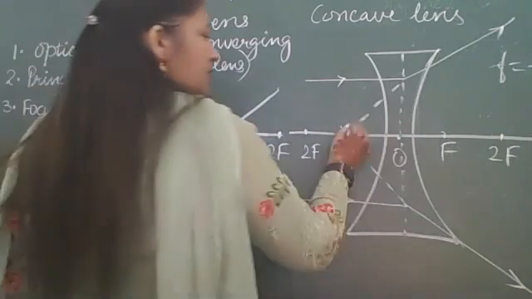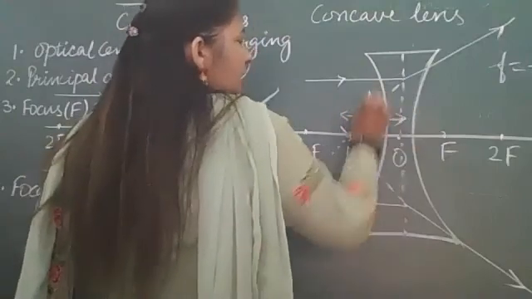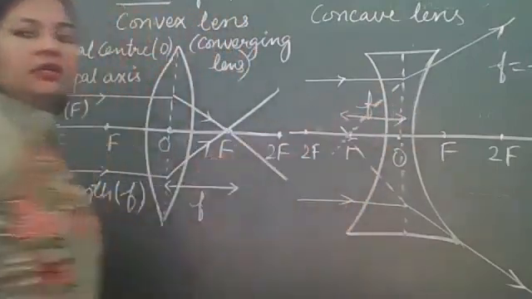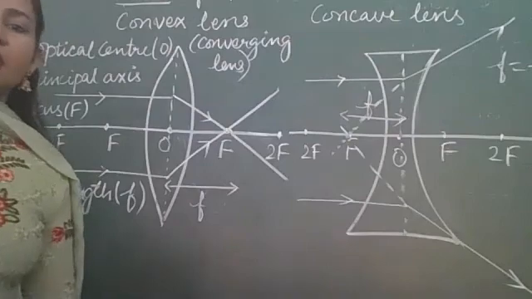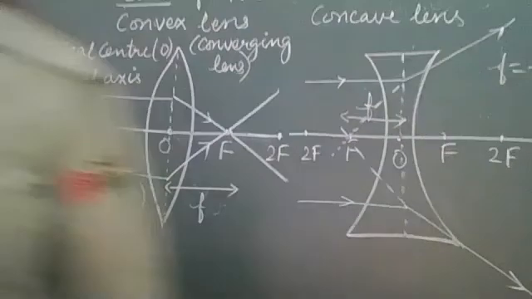They diverge, but not in reality. We made it dotted, we assumed it. In this case again this is the focal length and it is negative because it is on the left hand side. So to remember, I am telling you this rule, note it down.